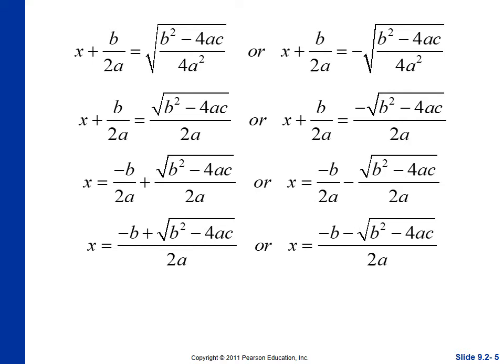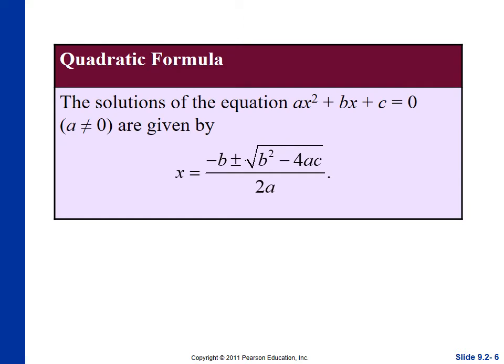We figure out that x is equal to negative b plus or minus the square root of b squared minus 4ac over 2a. So the quadratic formula in its final form is x is equal to negative b plus or minus the square root of b squared minus 4ac over 2a.